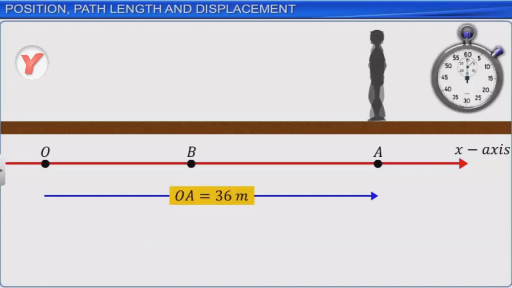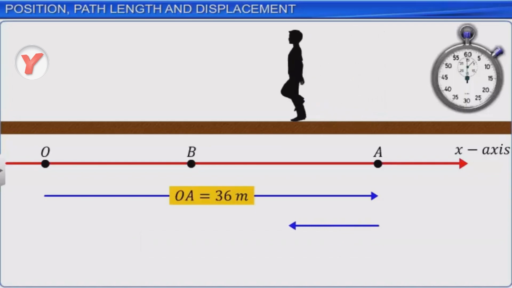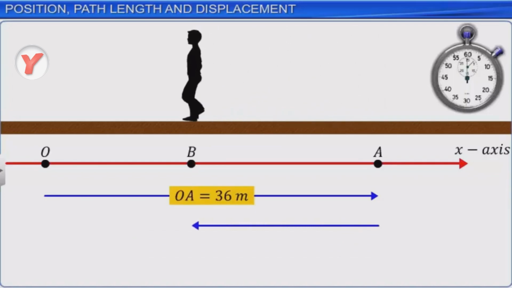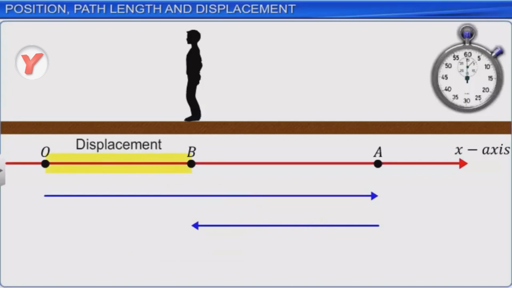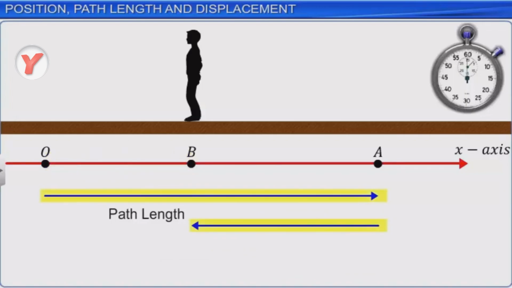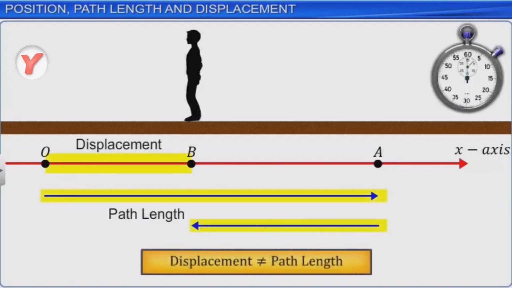The displacement of the man in moving from A to B is delta x, where delta x is the difference between 24 meters and 36 meters, which is equal to minus 12 meters. The magnitude of displacement and the path length traversed by an object may or may not be the same.